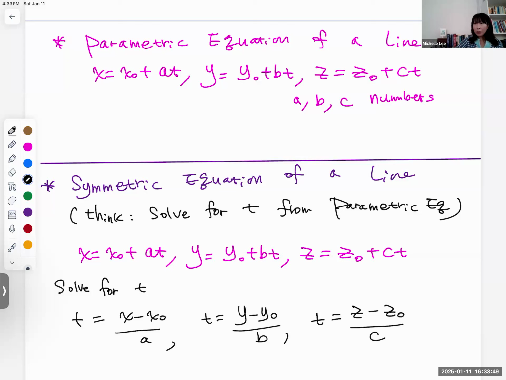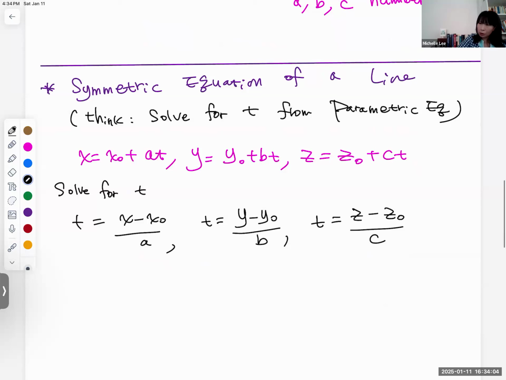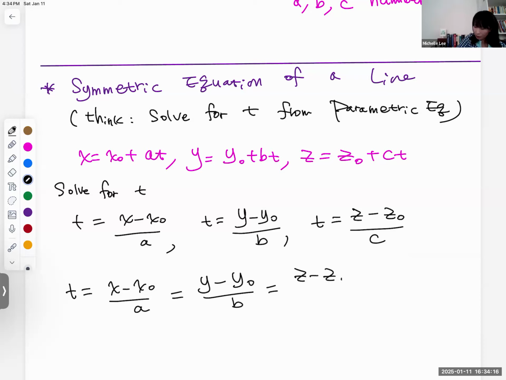Okay, so altogether, because t equals this, equals this, equals that, they are all the same, right? So t equal to x minus x naught over a, equal to y minus y naught over b, equal to z minus z naught over c.